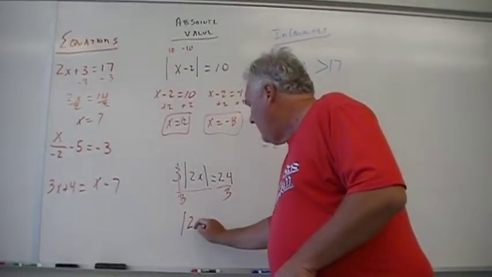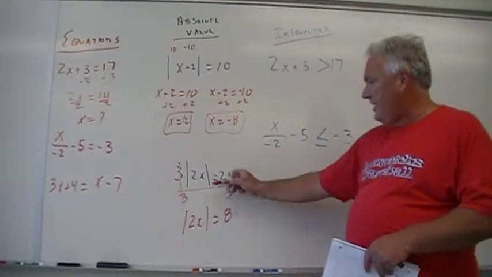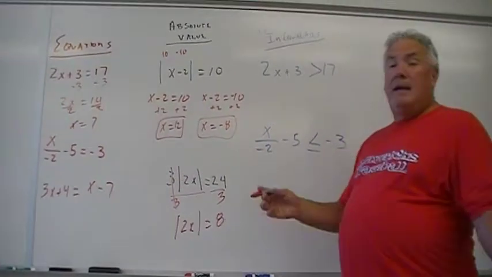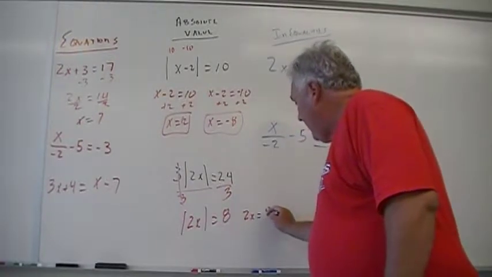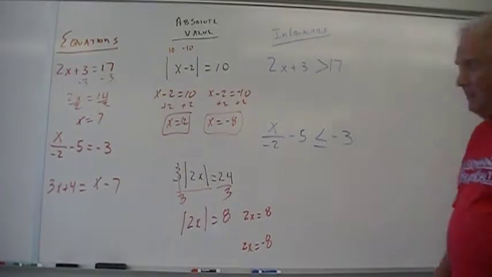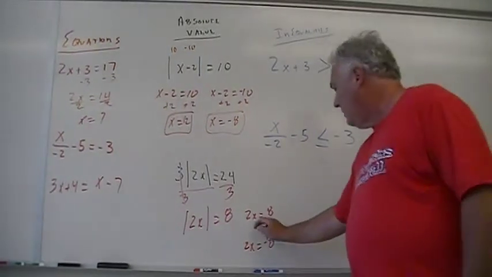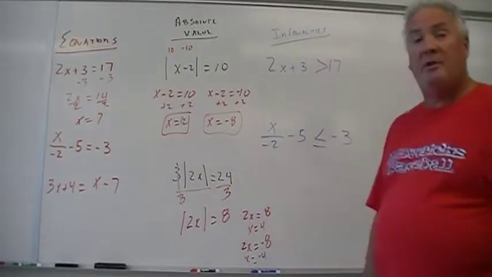Then you get that. 24 divided by 3 is 8. We're left with 2x. Now it's kind of easy. 2x equals 8. 2x equals -8. Solve for x. X equals 4. X equals -4. And those are our two answers.